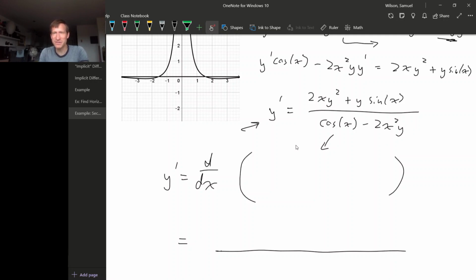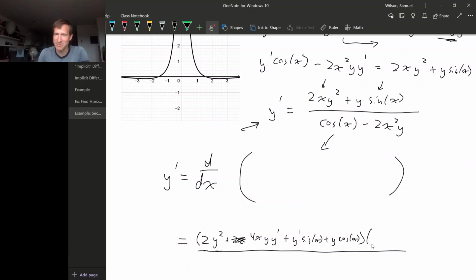So to take a derivative of this, we get derivative of the numerator, which we have to use the product rule and the chain rule, so be careful, 2y squared plus 4x y prime, that's the derivative of this piece, plus y prime sine x plus y cosine x, that's the derivative of this piece.